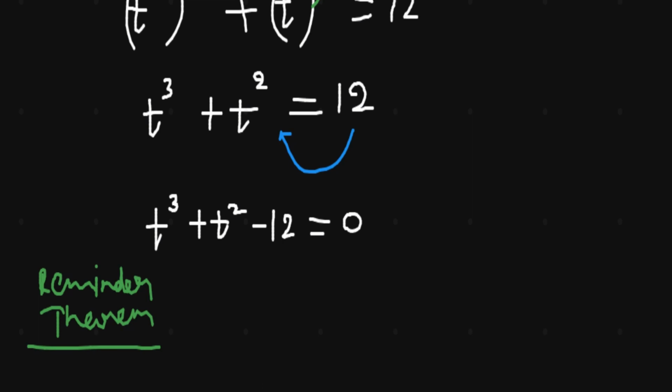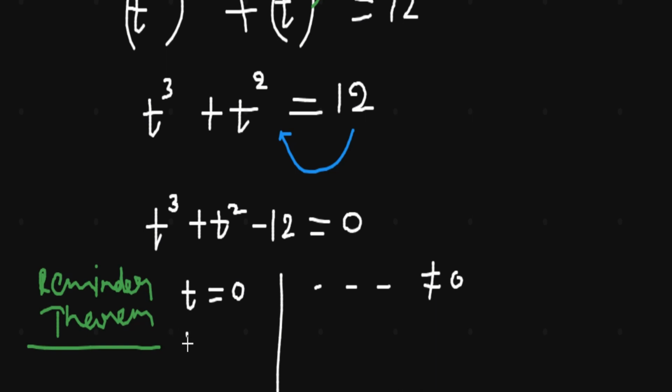So here we can take t is equal to 0. So if we take t is equal to 0, we can write 0 cube plus 0 square minus 12 is equal to 0. That is not equal to 0, I think so. When t is equal to 0, this is not equal to 0 if we substitute in the above equation.